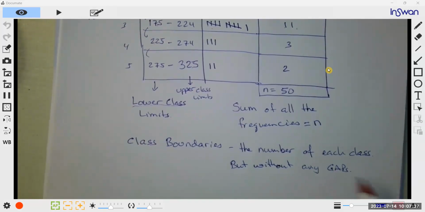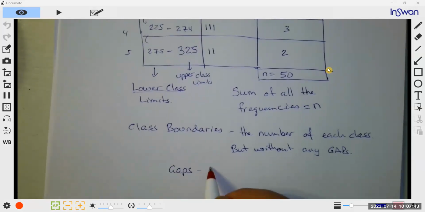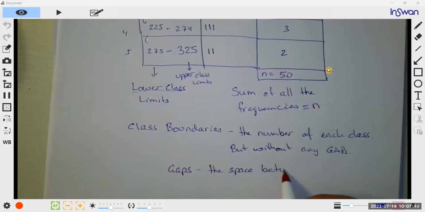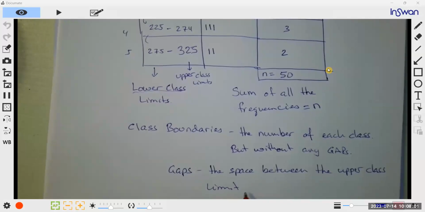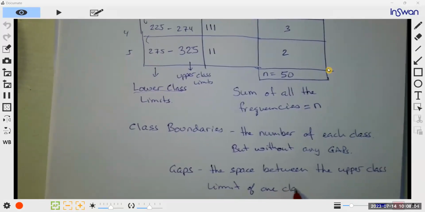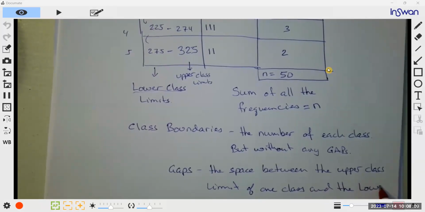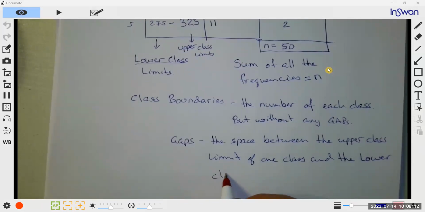All right. So what are gaps? Gaps are the space between the upper class limit of one class and the lower class limit of the next class.